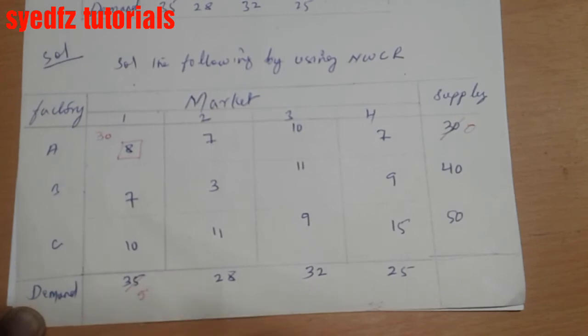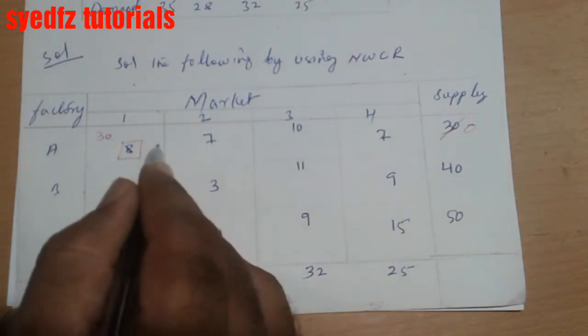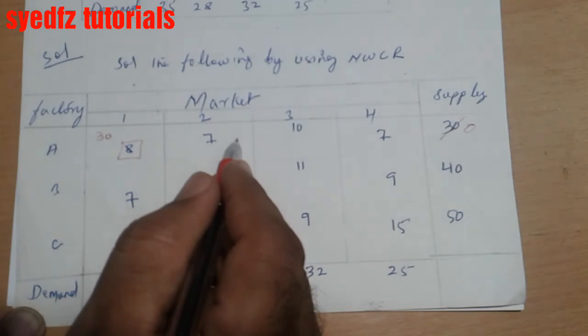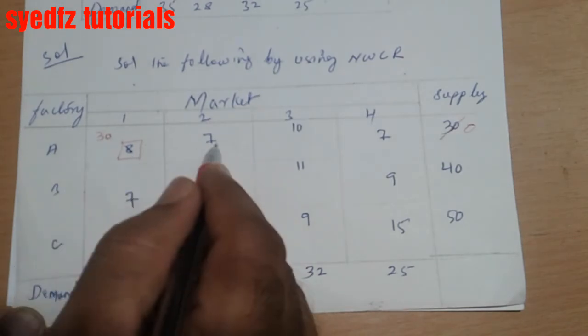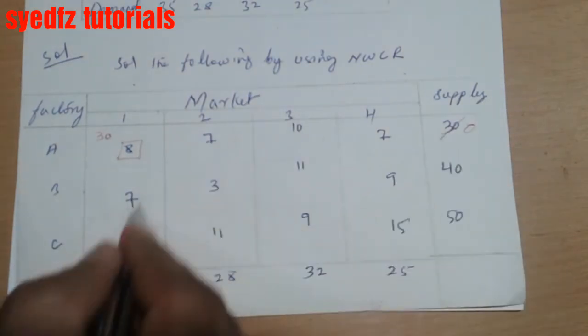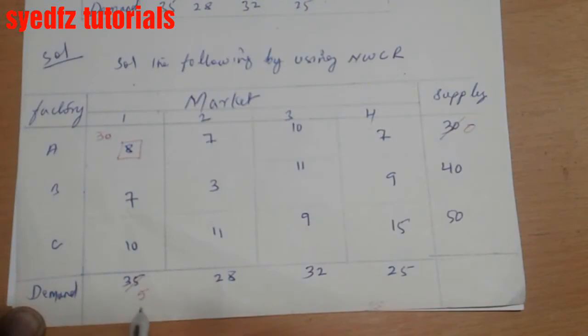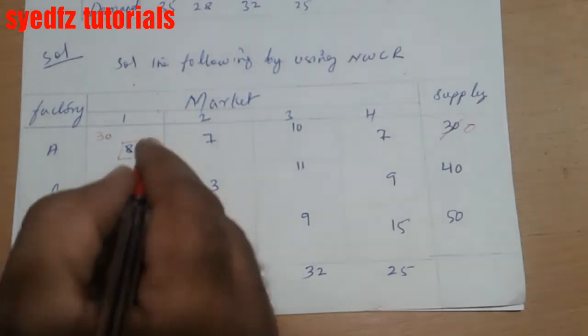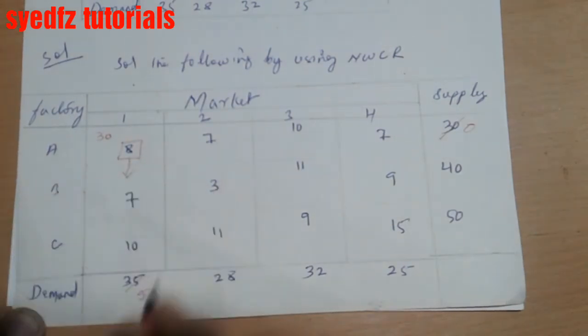We still have demand but we don't have supply, so this way we can't travel. For completing the remaining 5 demand, we have to go to another supply. So go to the downside.